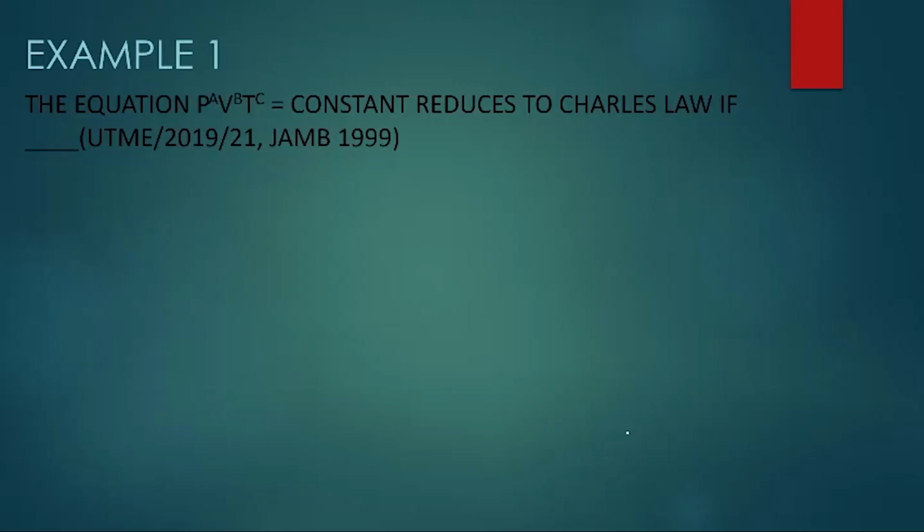Now let's go over to JAMB questions and see how we can apply these laws to solving problems. Now the first question I want to consider here is obtained from UTME 2019. This question also came out in JAMB 1999.